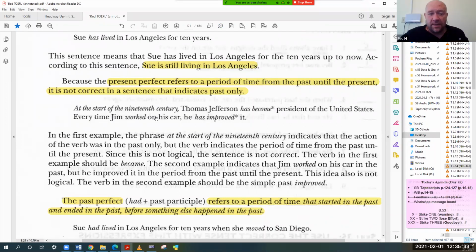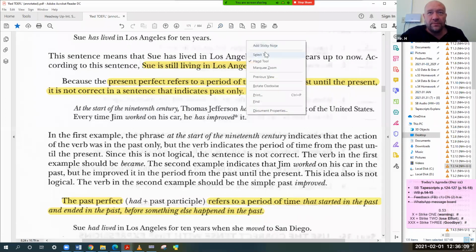Every time he did something, that means past activity, repeated activity in the past. Are we connecting it to the present time? No. There's no connection. So instead of he has improved, because there's no connection to the present time, what should I use? Simple. Yes. Guys, I just want the simple.